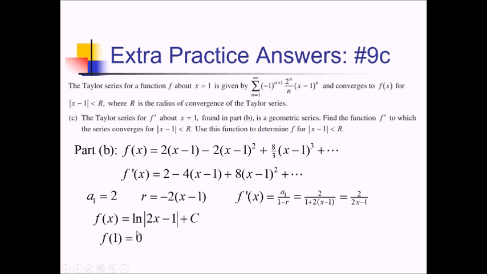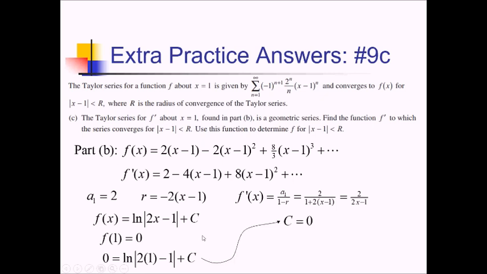So this is our initial condition that we can use along with this antiderivative to figure out the value of c. So then I can write that 0 equals ln of 2 times 1 minus 1 in absolute value plus c. And let's see here. This is really ln of 1, which is just 0. So we end up with a c value of 0.